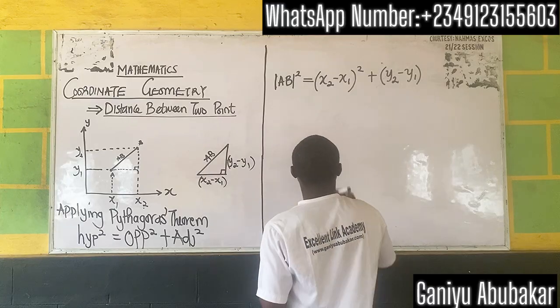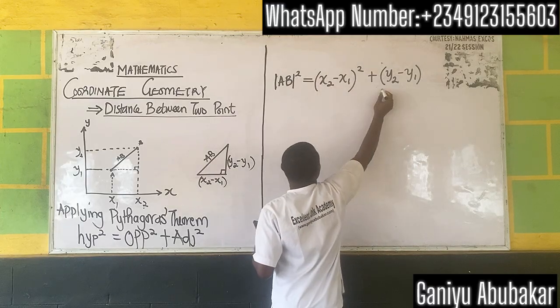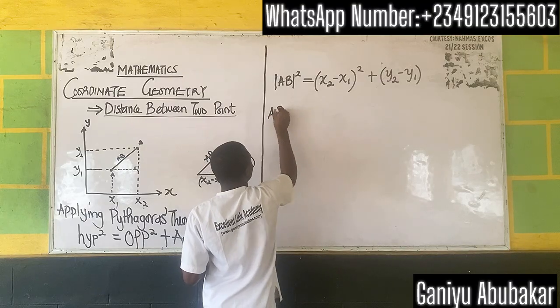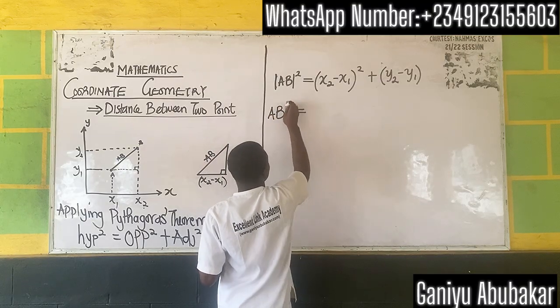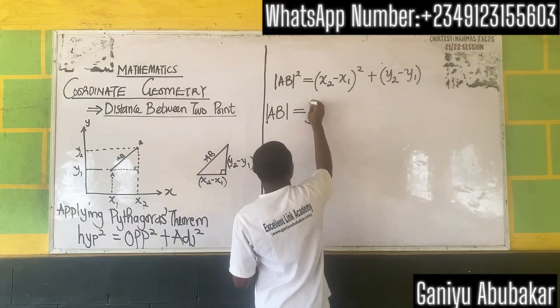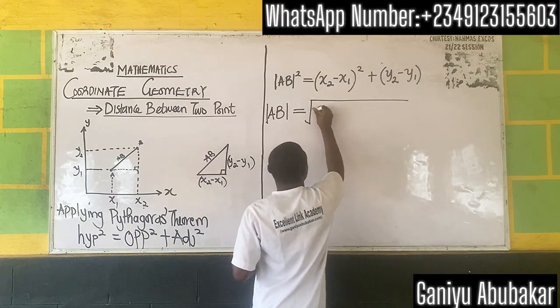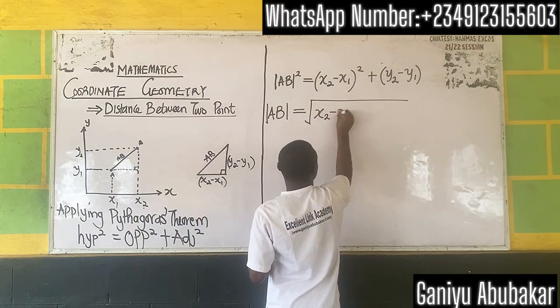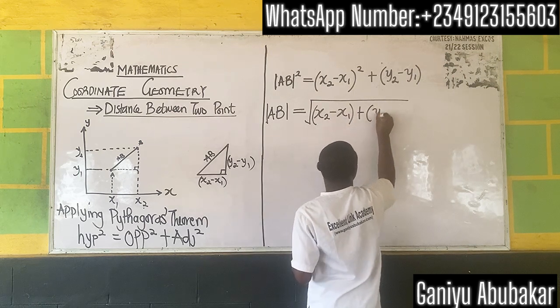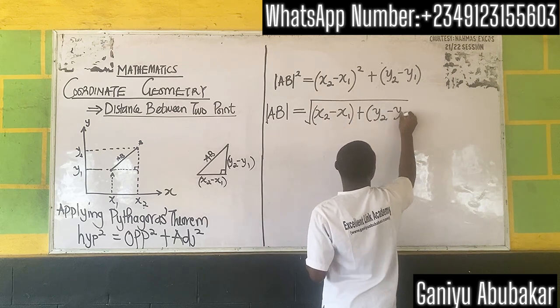From here, I'll take the square root. That gives you the distance between 2 points AB will be equal to what? The square root of (x2 minus x1) squared plus (y2 minus y1) squared.